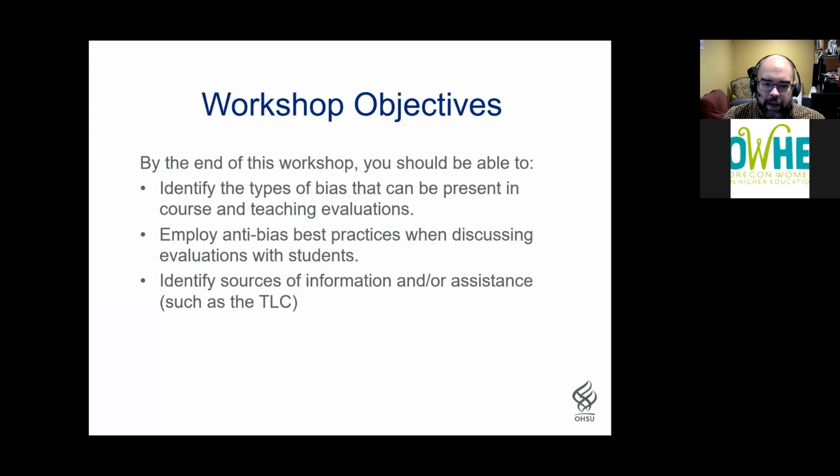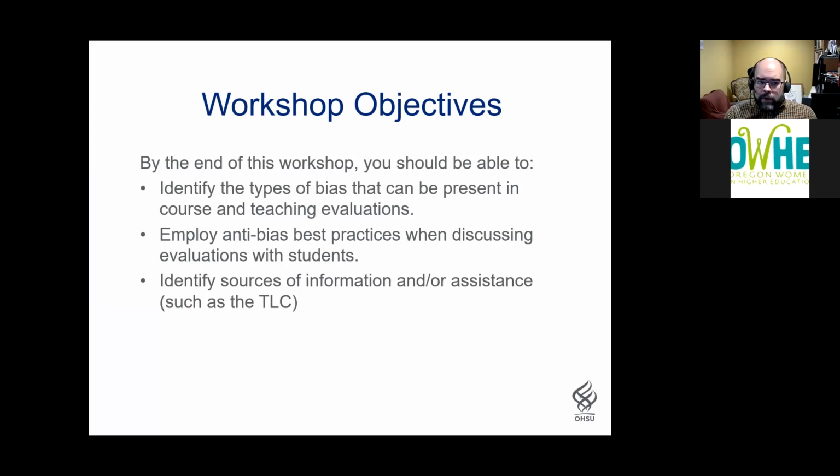Okay, so by the end of this workshop, you should be able to identify some of the types of bias that can be present in your course and teaching evaluations. You'll be able to employ some anti-bias best practices when you discuss your evaluations with students.